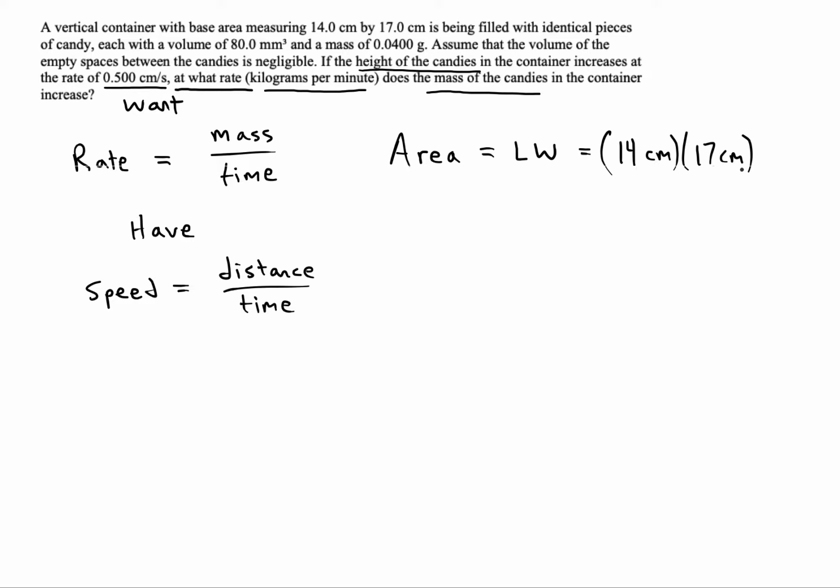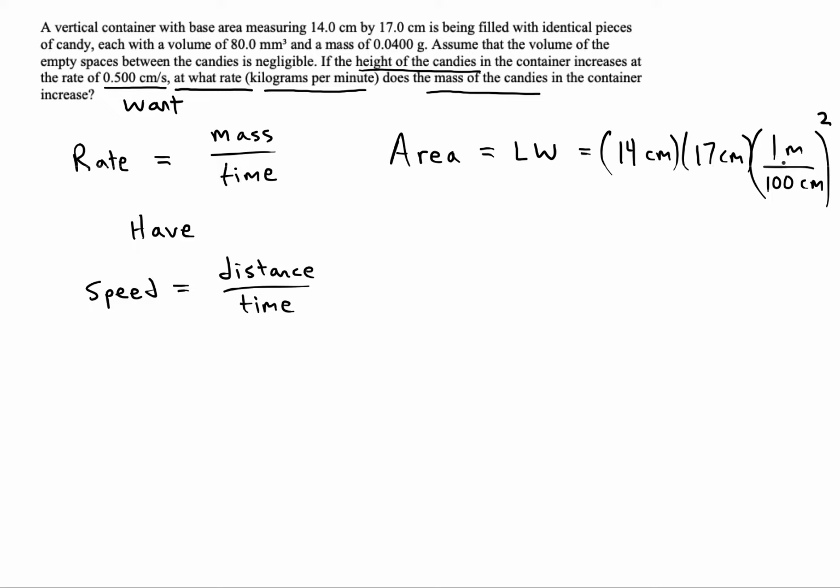So we just want to automatically convert that into meters with this conversion. There's 100 centimeters in a meter. But not only that, you have to square the factor that you introduced because of the 2 centimeters there. Alright, so let's see what that area is. Looks like the area is 0.0238 meters squared.